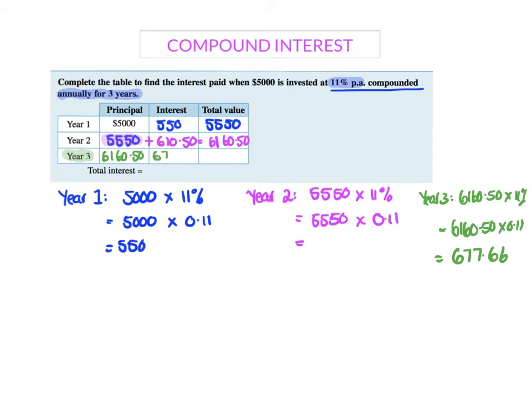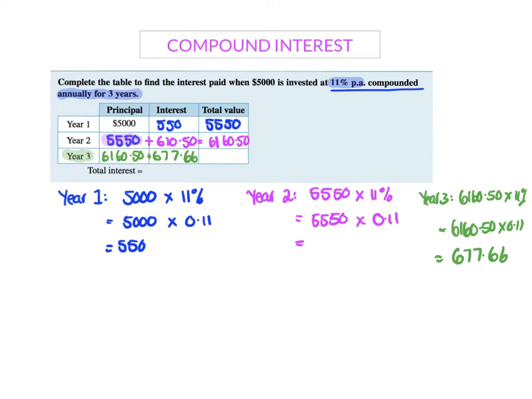So then you add that on to what you had at the beginning of that year, and you will get your total amount.